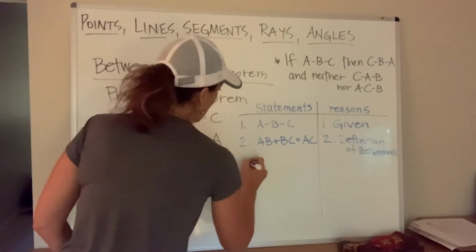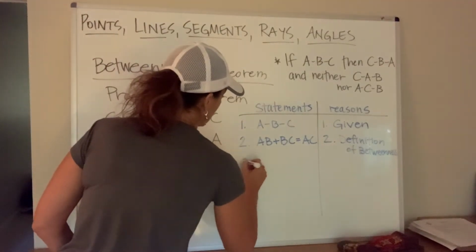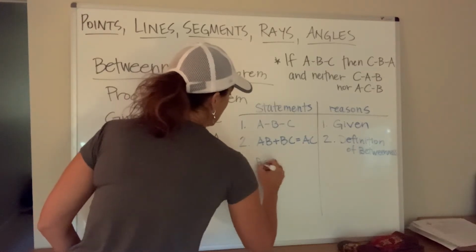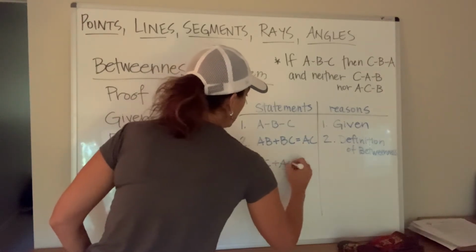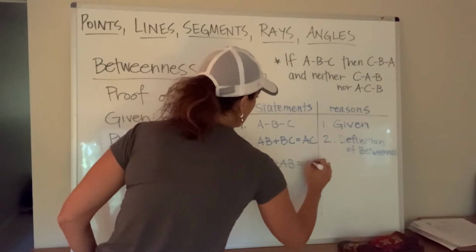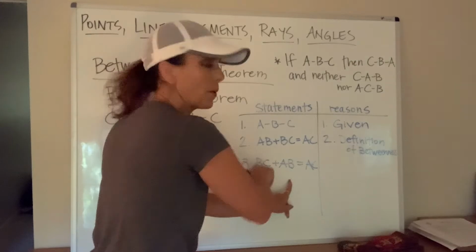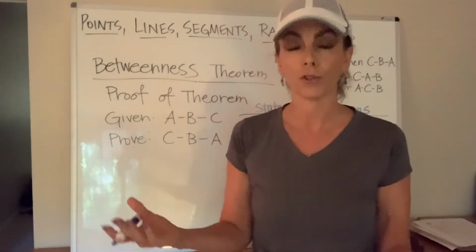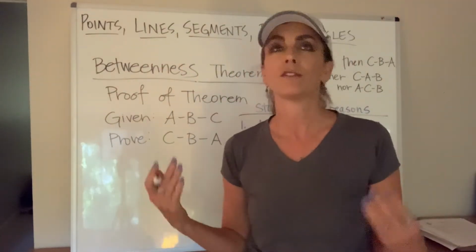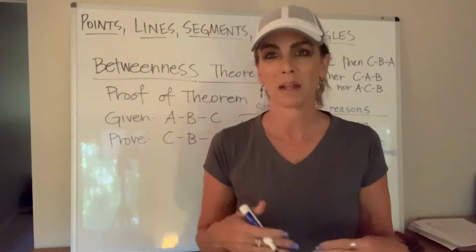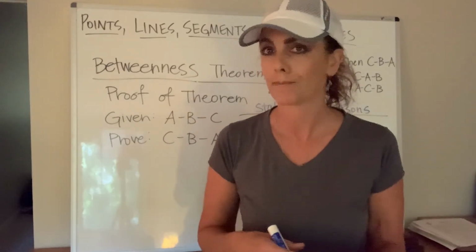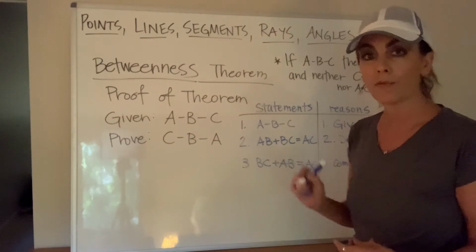We can say that BC plus AB is also equal to AC. So all we did was take these and flip the way we add them. And we know that that is true. We often just assume it to be true, but there's actually a name for that, and that's the commutative property of addition.